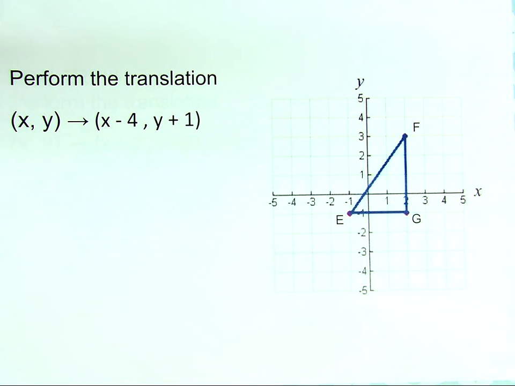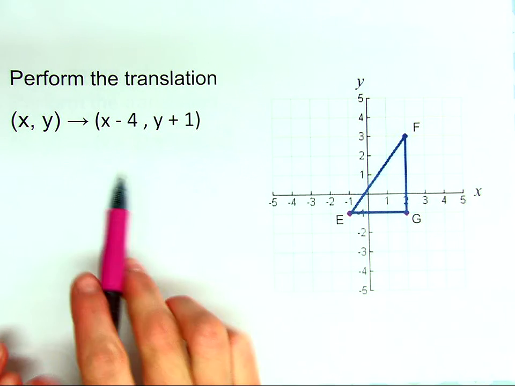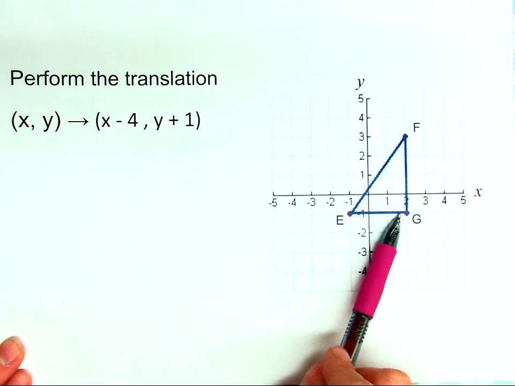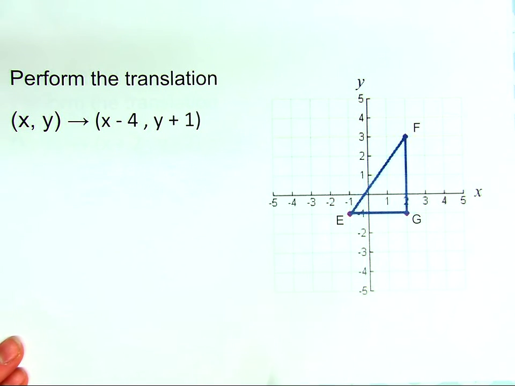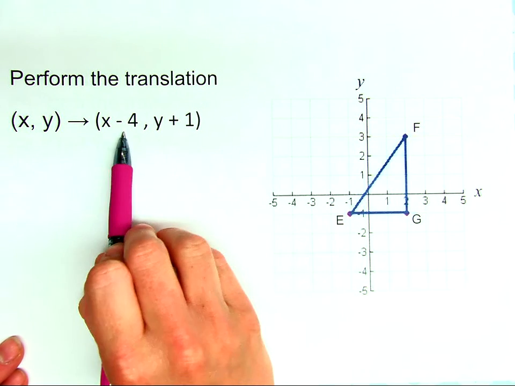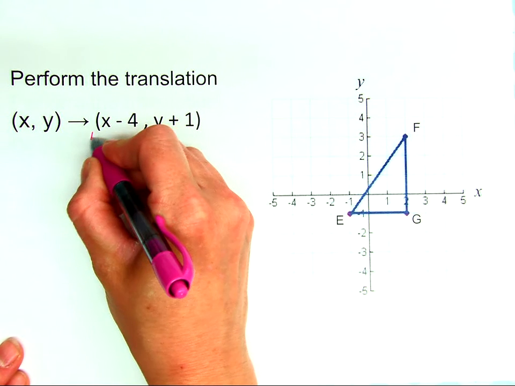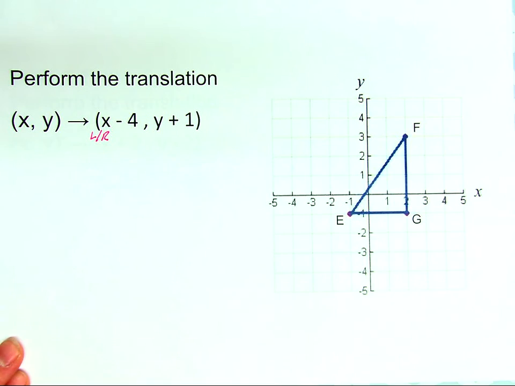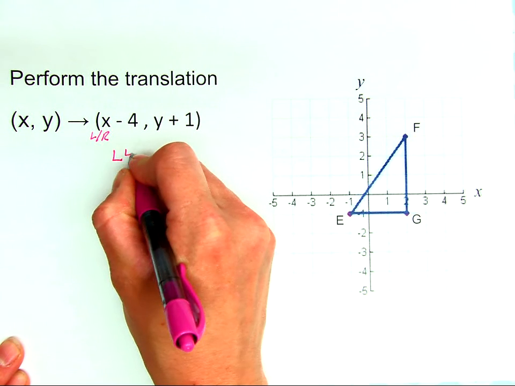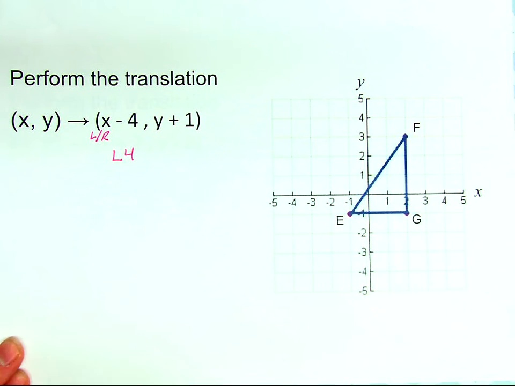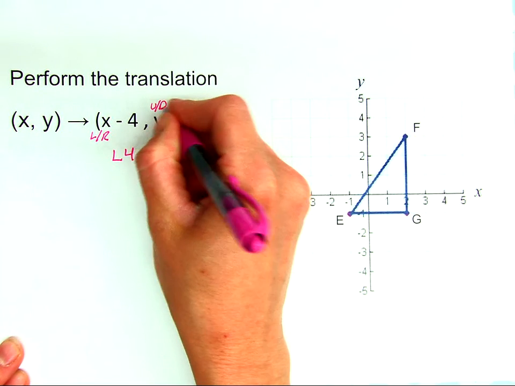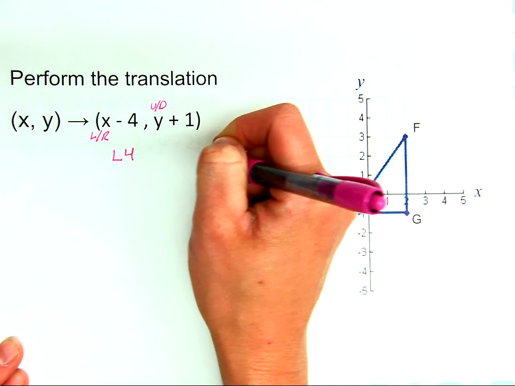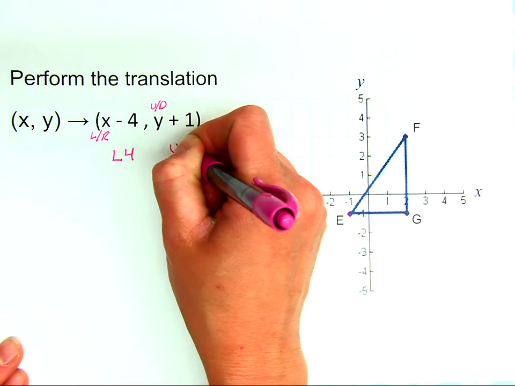So performing a rule, we have to interpret what this is telling me to do to our pre-image here. Then we're actually going to draw it out on our grid. So x minus 4, x is always left or right. The fact that it is subtract is telling me to go to the left 4. Y is always up or down. Because it's add, it is telling me to go up 1.